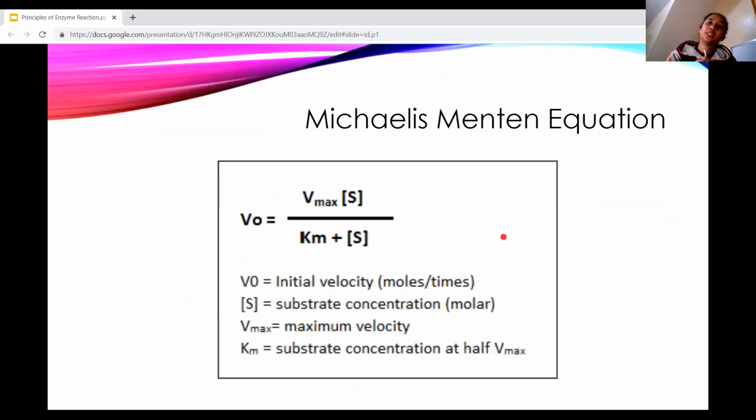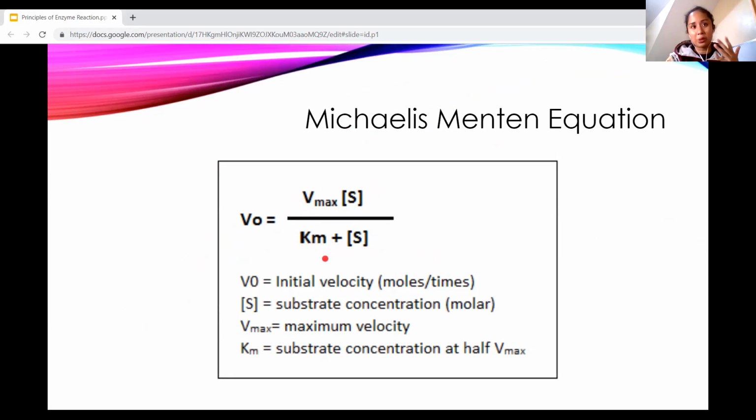Great, right, class? By the way, this is the Michaelis-Menten equation. The initial velocity is equal to the Vmax times your substrate concentration, over your Km, which is the substrate concentration at half Vmax, plus the substrate concentration. That is the Michaelis-Menten equation.